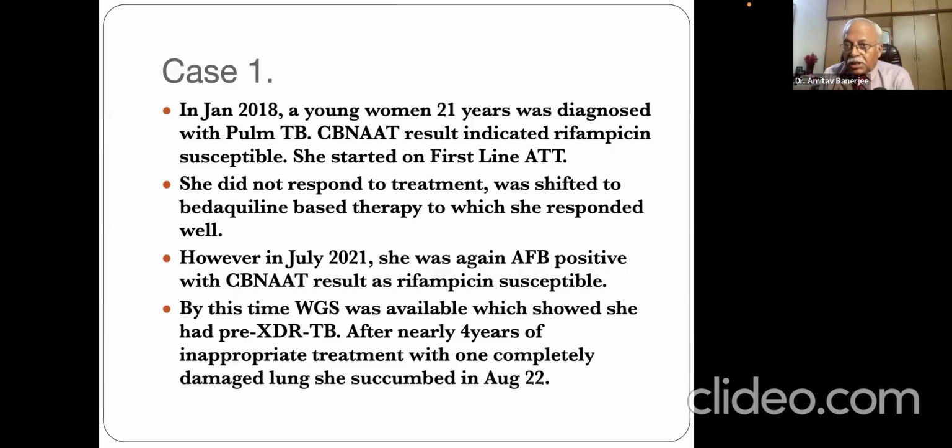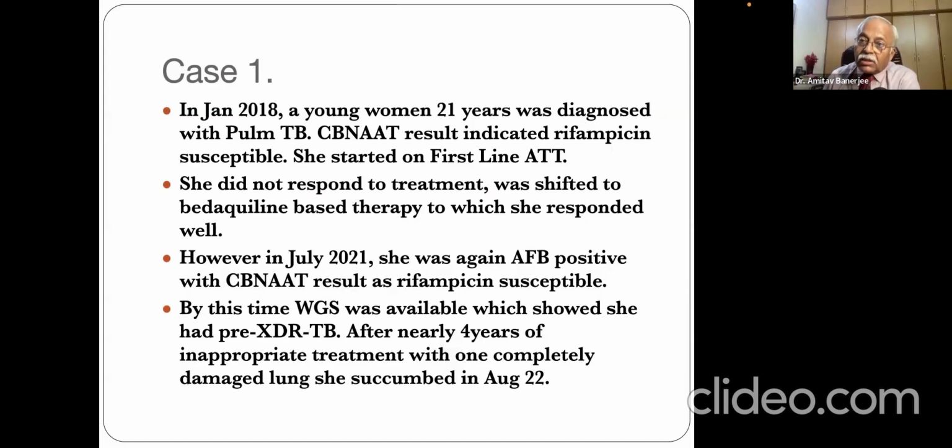So we lost time. And she was in between put on bedaquiline. Another problem with bedaquiline is that it has a long half-life, almost double the half-life of the other anti-tubercular drugs. So what happens is, even if you give polytherapy with bedaquiline, the other drugs are washed out, but the bedaquiline remains for a longer duration.